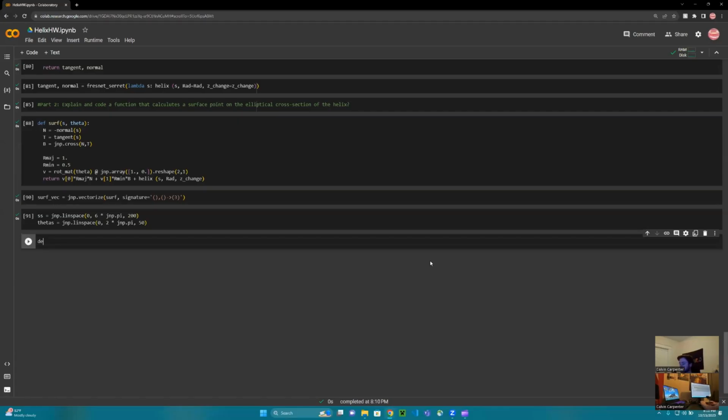Okay, now we have change in S, or delta S, equals our S at 1 minus our S at 0. And then our delta theta is equal to our thetas at 1 minus our thetas at 0.